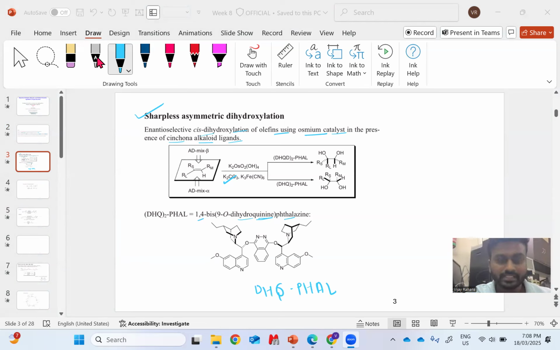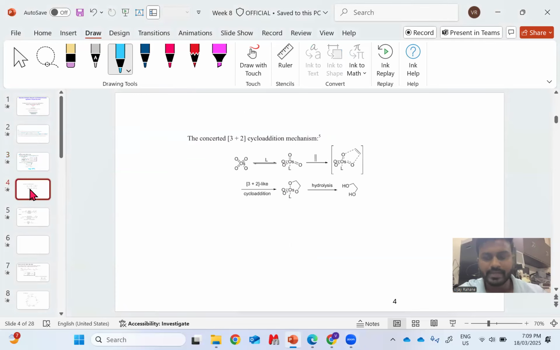We'll look at some examples of this asymmetric dihydroxylation and also see its application in the synthesis of some alkaloids. If you look at the mechanism of this dihydroxylation, it proceeds through a [3+2] cycloaddition reaction.